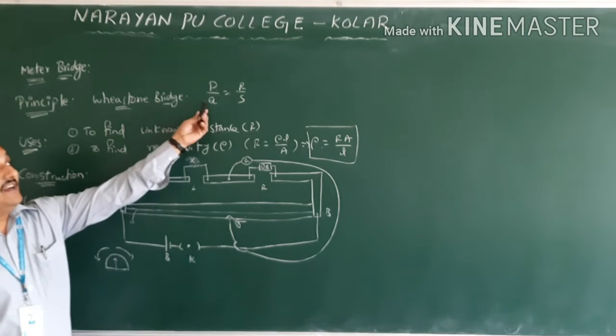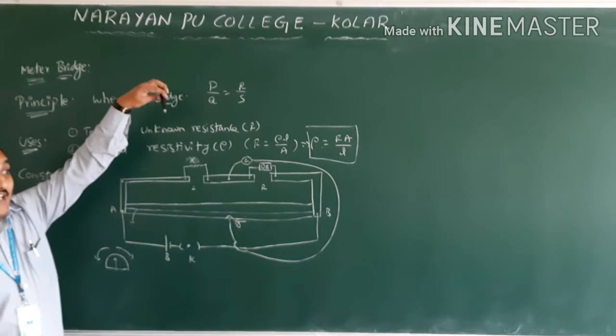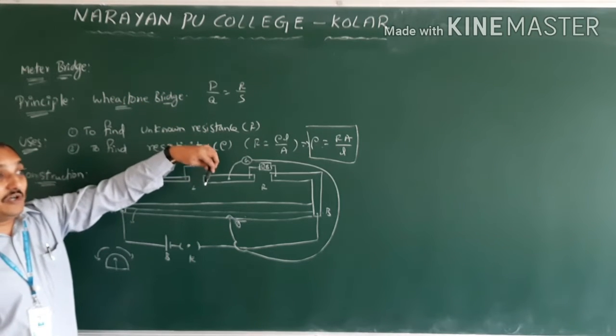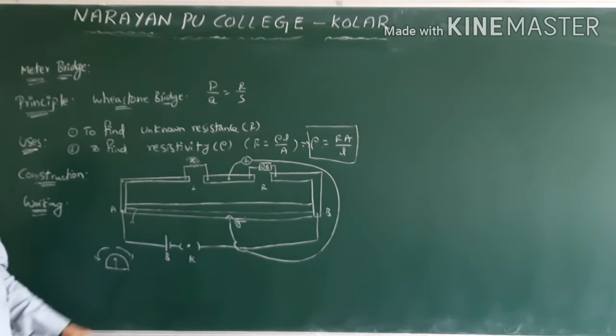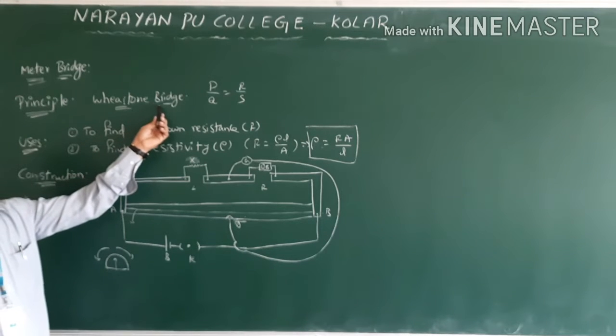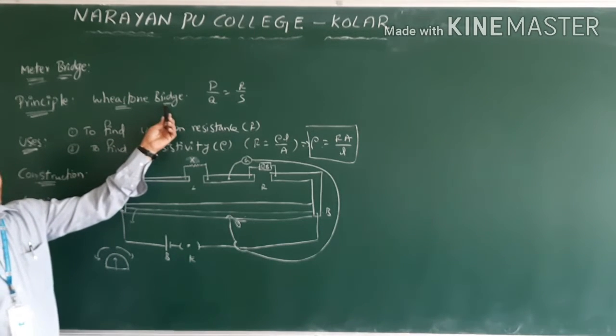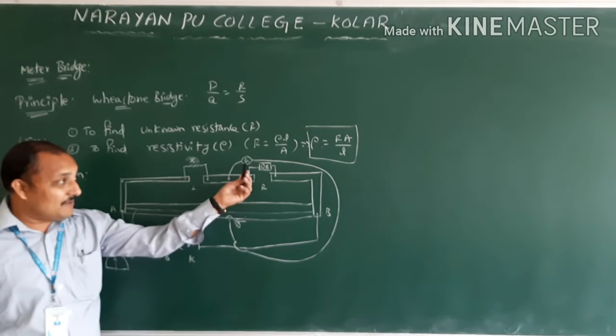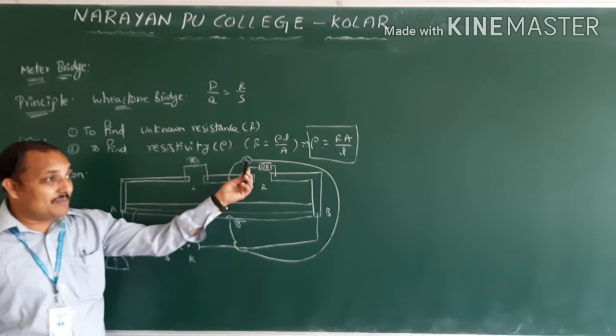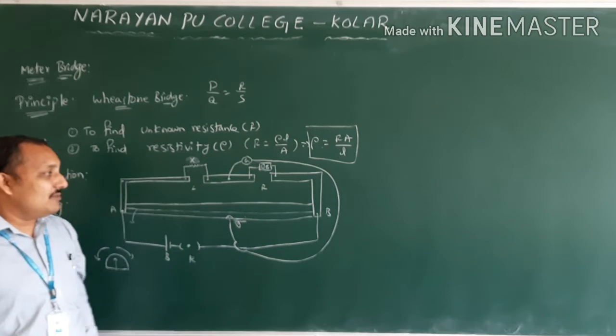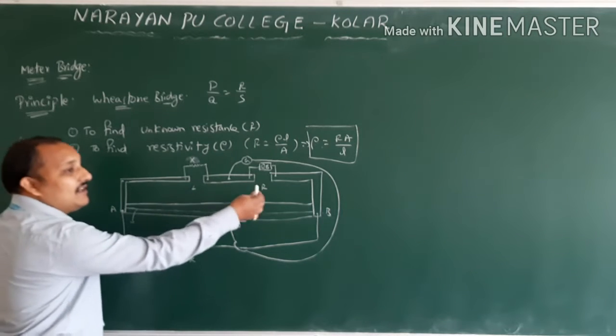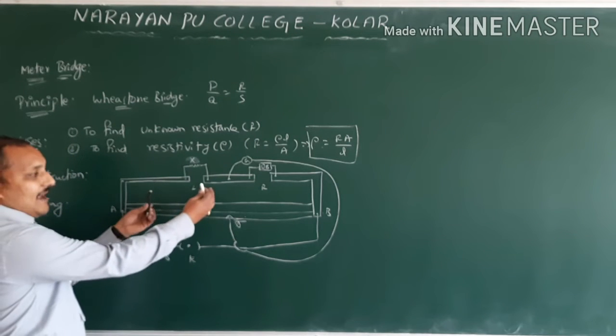Wheatstone bridge principle. In the Wheatstone bridge principle, whenever the current passing through the galvanometer is 0, that is nothing but Ig equal to 0, then we say the bridge is said to be balanced. Therefore, the current which is flowing through the galvanometer should be 0. How is it going to be 0? How is it equal to the Wheatstone bridge? Just the same diagram.